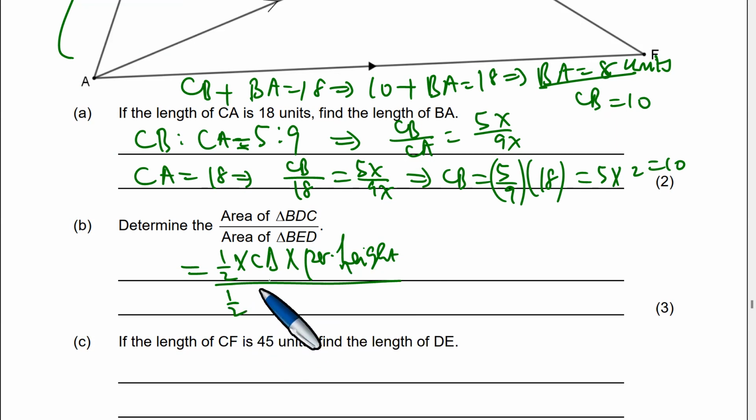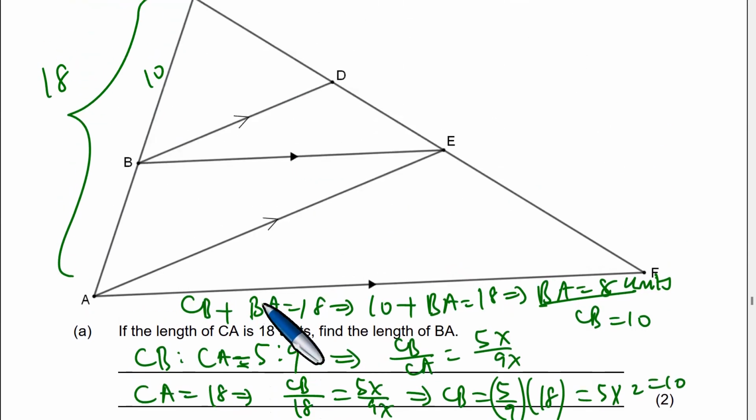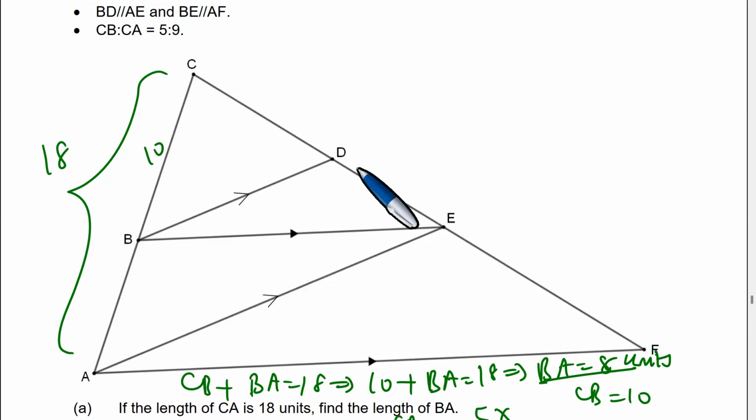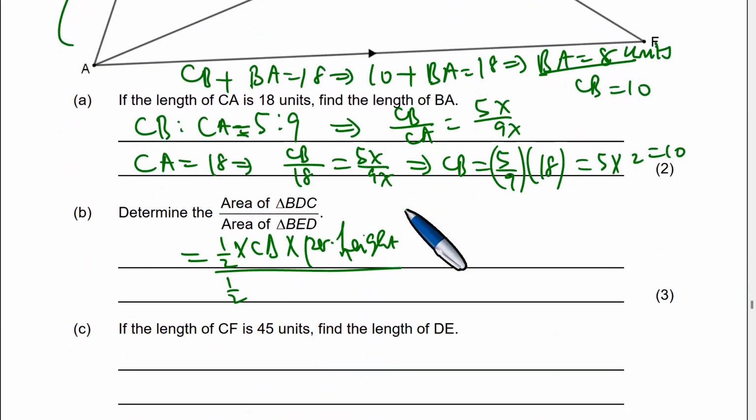What is the area of BED? You can choose a height like this for the triangles, so that if you look at triangles BDC and BED, they have the same height H. So the area of triangle BED is half the base DE times the height H. We can put perpendicular height here.